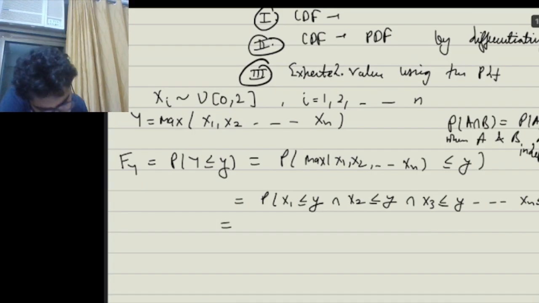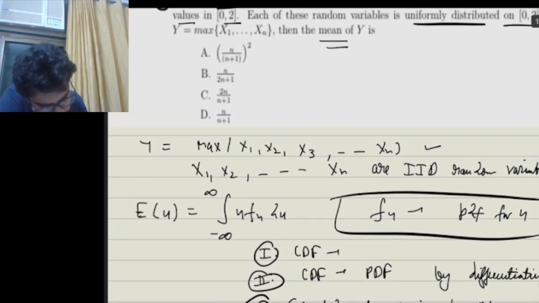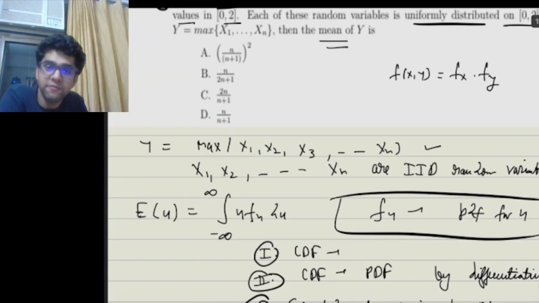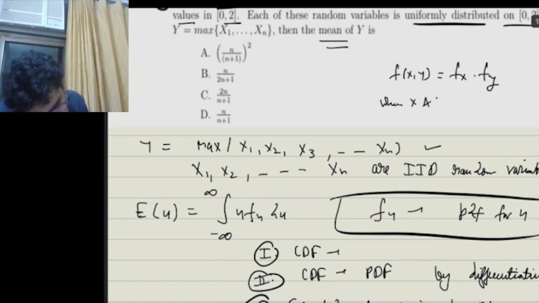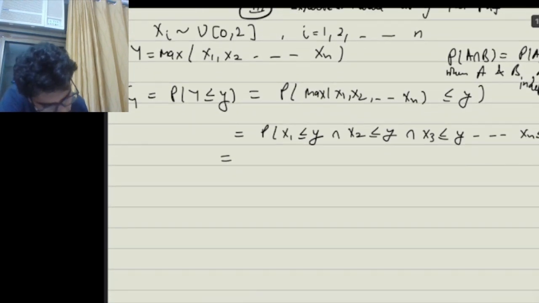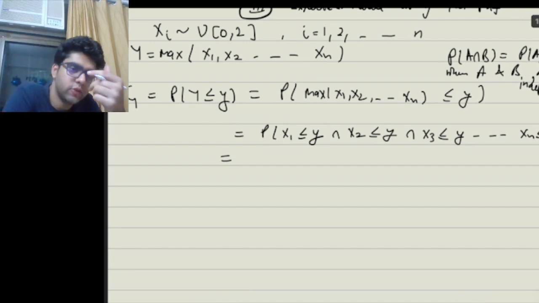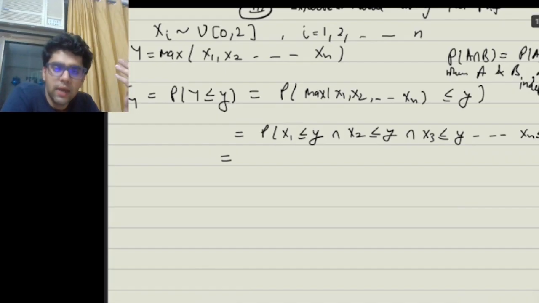Also let me just write this property here. f of x,y, let f of x,y be a joint PDF, can be written as the product of the marginal PDFs of x and y each when x and y are independent, right? Now we know that the max of x1, x2 till xn is less than or equal to y. This means that the individual values would also be less than or equal to y, right?